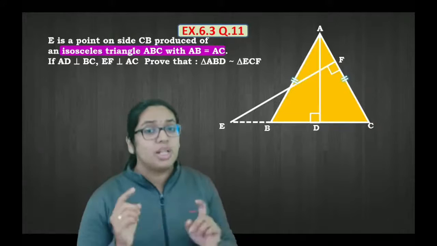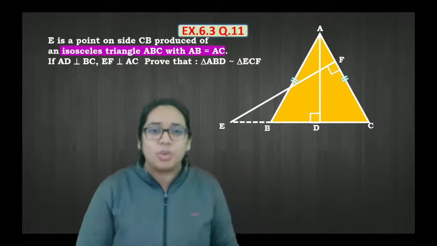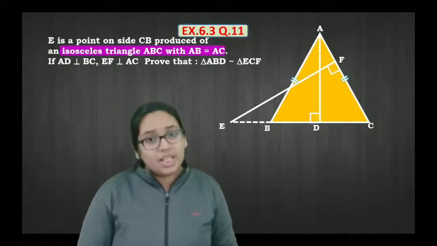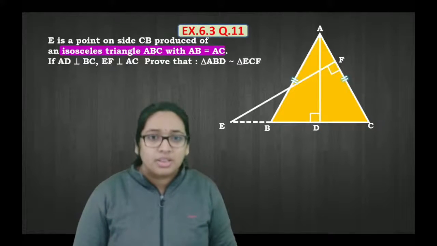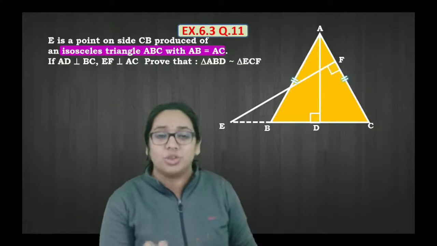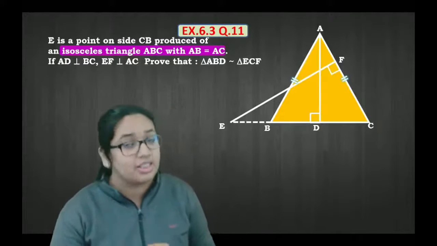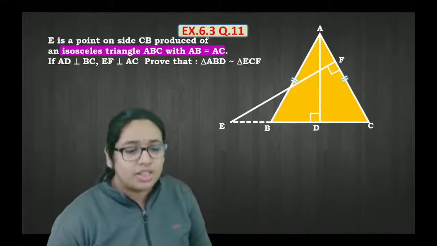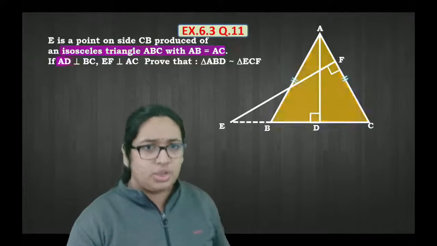अभी इस केस में आपको कुछ लेंथ के बारे में बोला गया है, राइट? It means that we can use either SSS or SAS. कौन सा वाला यूज करना है देखते हैं. पहले ये समझ में आ रहा है. As given in the figure, AB is equal to AC. ये तो रहेगा.